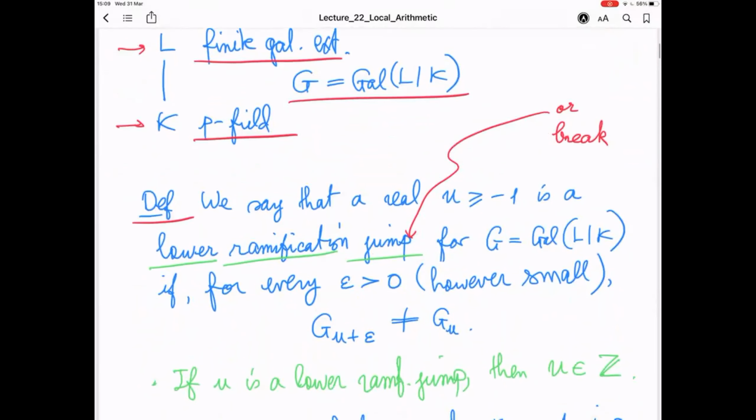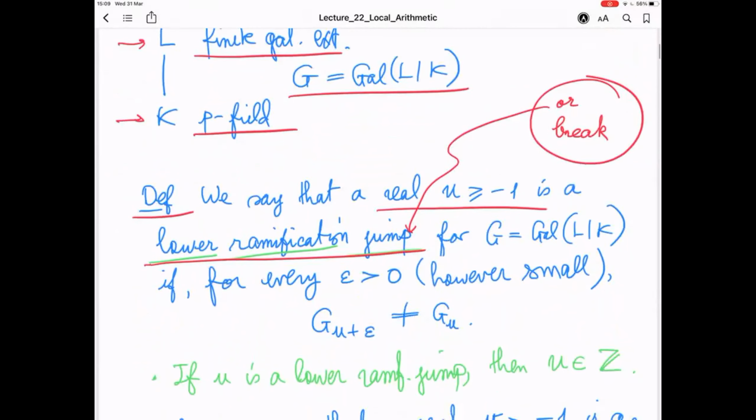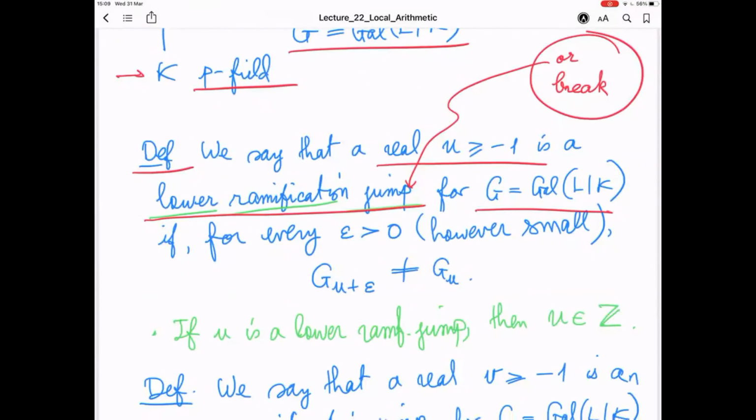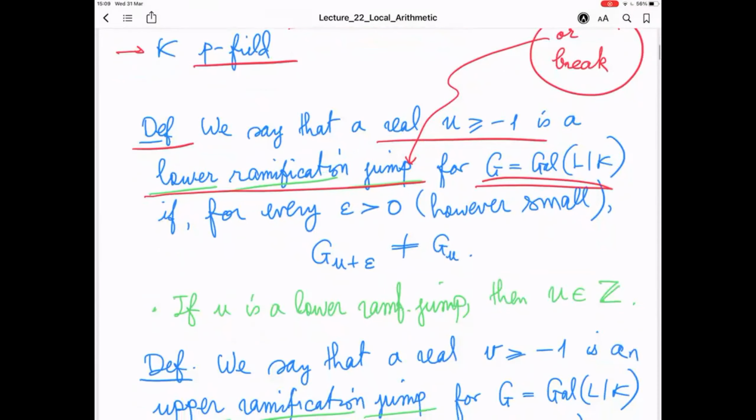In this situation, we say that some real number u is a lower ramification jump, sometimes also called a break, if for this group G, for every strictly positive epsilon, however small you might take it to be, G_{u+epsilon}, which is a subgroup of G_u, should not be equal to G_u. It should be a proper subgroup. That's when you say that this u is a lower ramification break.